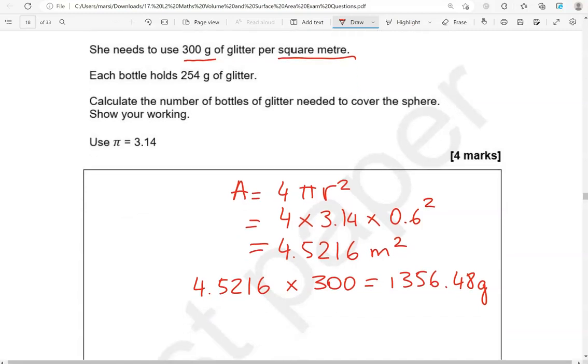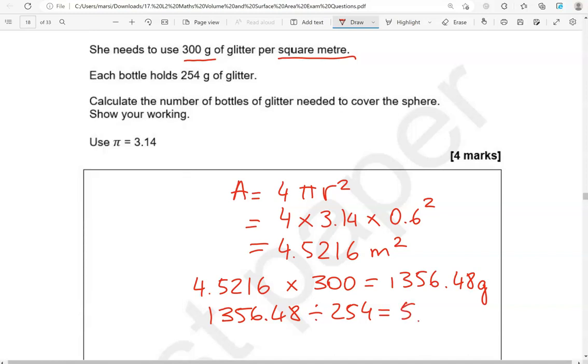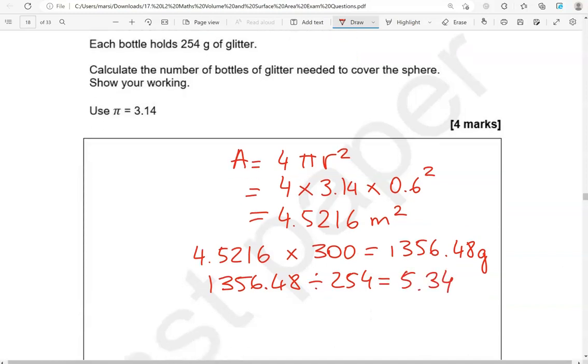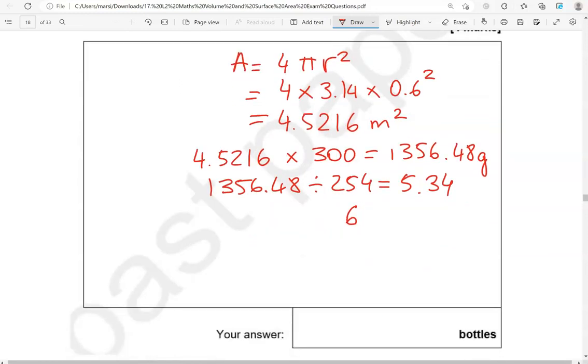Each bottle holds 254 grams, so we're going to divide 1,356.48 by 254. That gives us 5.34 bottles. So we're going to say 6 bottles, because we can't buy part of a bottle.